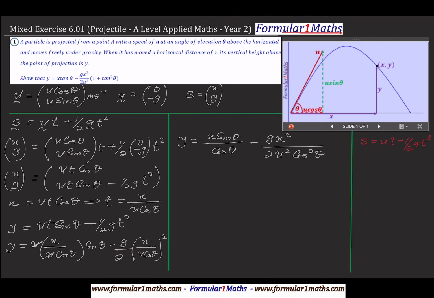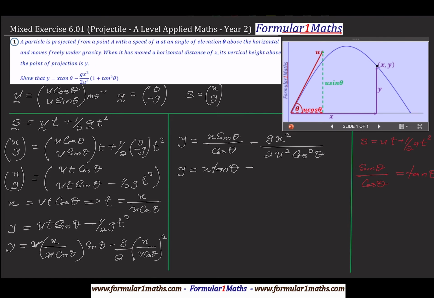But sin theta over cos theta is equal to tan theta. So I can replace sin theta over cos theta by tan theta. And so this simplifies to y is equal to x tan theta.